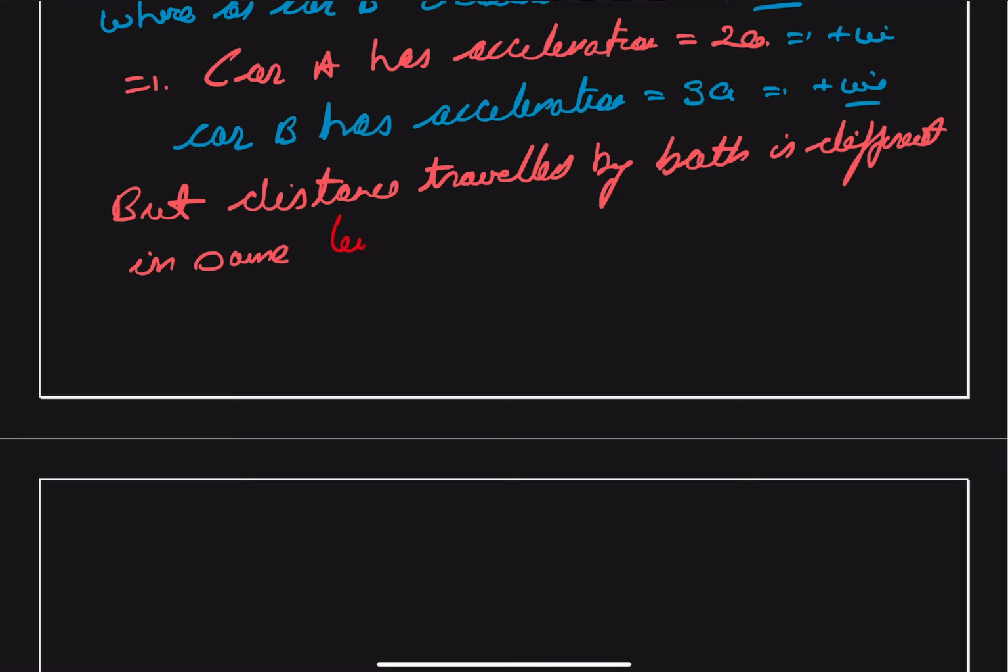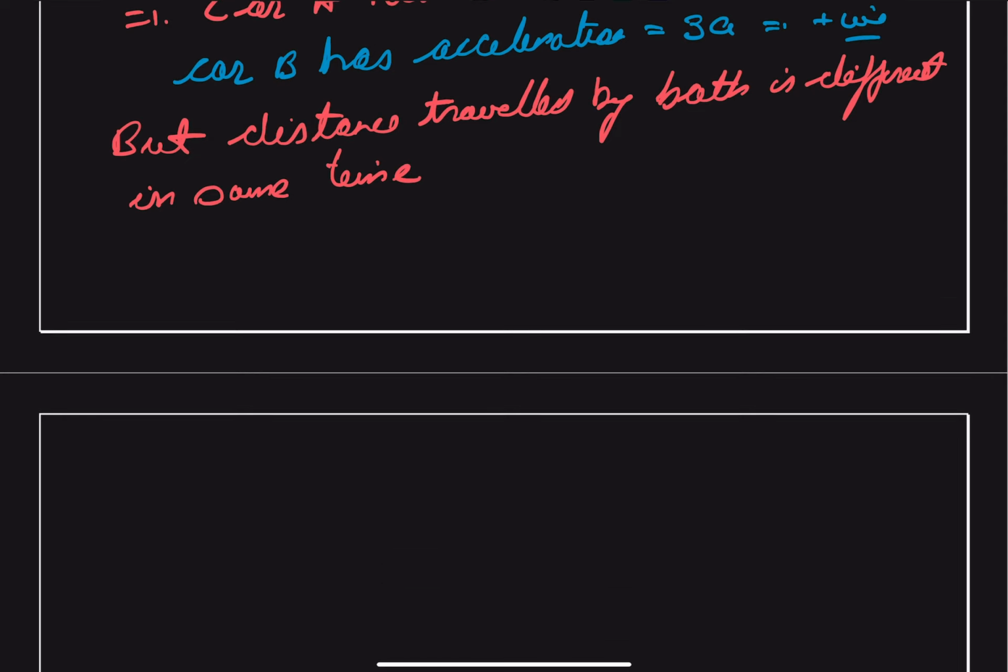So it means they should be decelerating relative to their initial speeds to reach the point S at the same time. So we can say from here that they should be decelerating relative to each other to reach the point at the equal time.